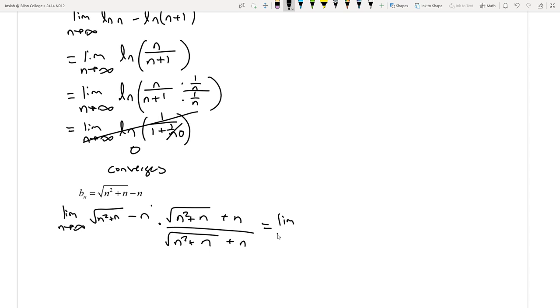We've got the limit as n tends to infinity of, we end up with the difference of squares in the numerator here, so n squared plus n minus n squared over root n squared plus n plus n. And so in the numerator, there's some cancellation that happens. We just get n over this root.